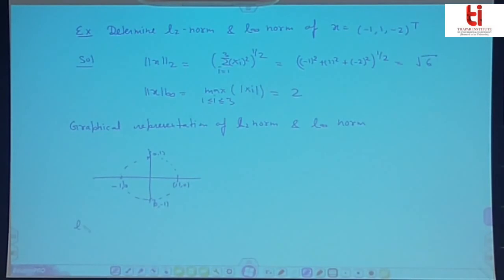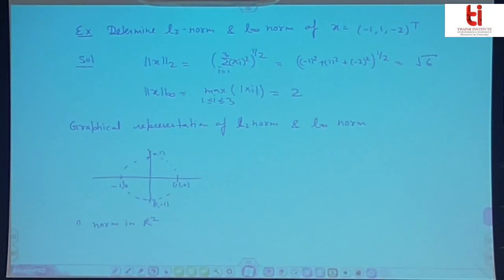So L2 norm in R2, or we can say the vector in R2 with L2 norm.